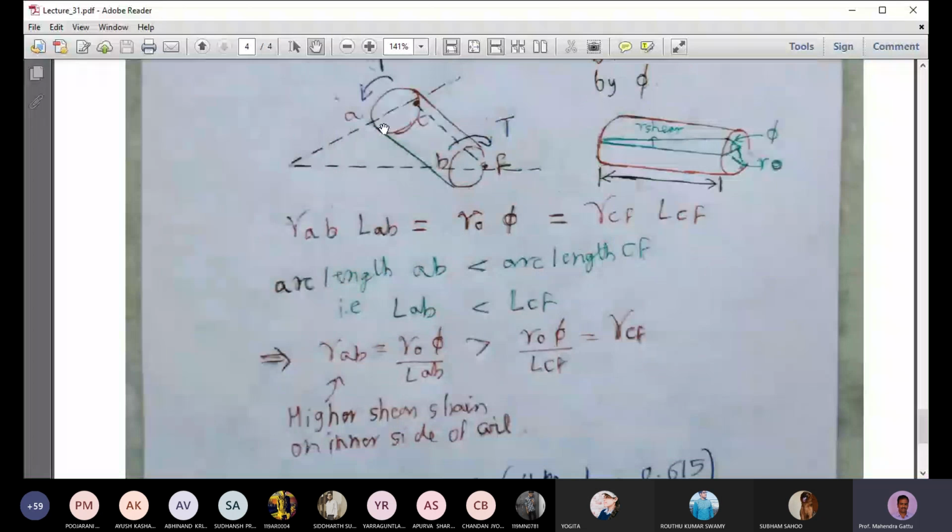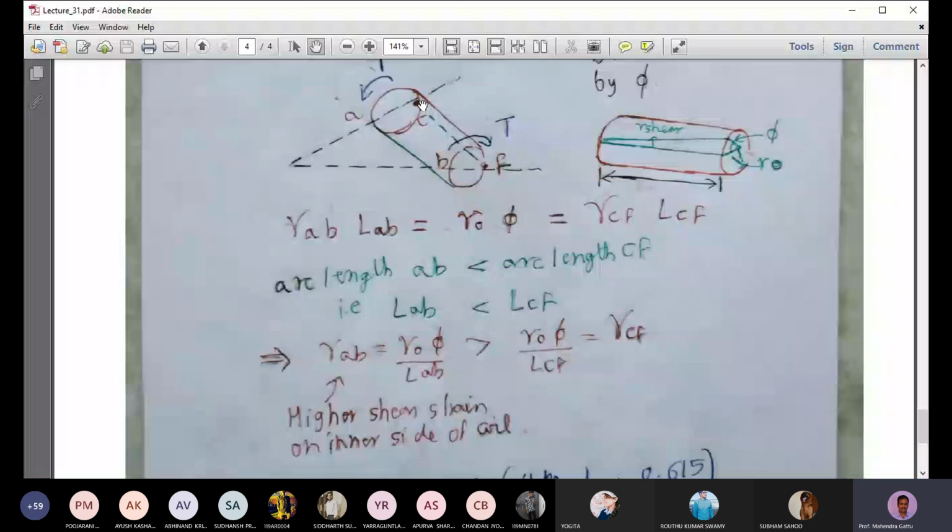That means at AB there will be a larger movement of the point B along the arc. The angle gamma shear which AB prime makes with AB will be higher, so gamma AB will be greater than gamma CF.